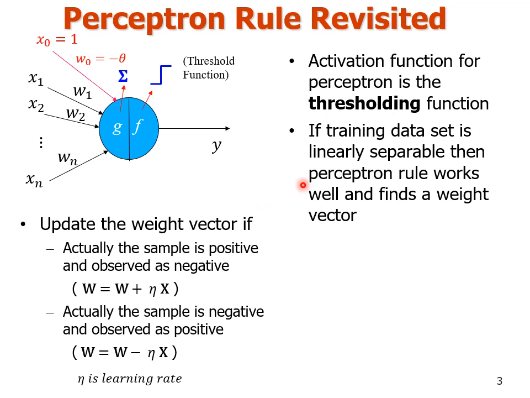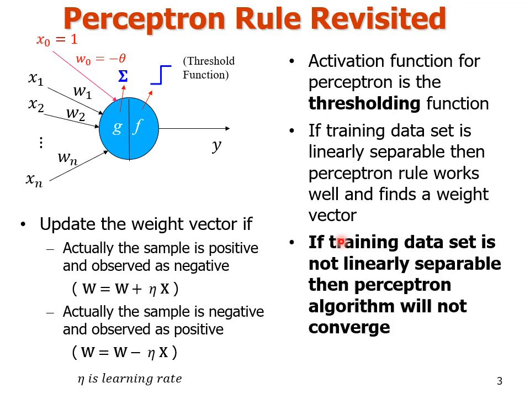If training data is linearly separable, then perceptron rule works well and finds a weight vector. If training data set is not linearly separable, then perceptron algorithm will not converge, and hence we need to do something extra.